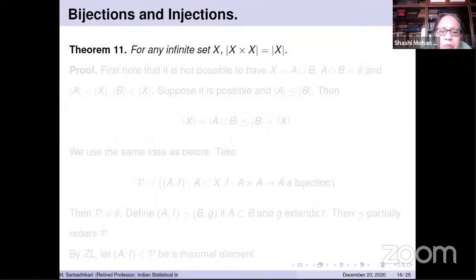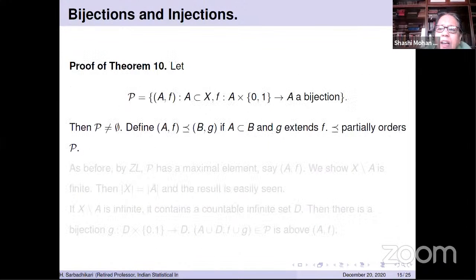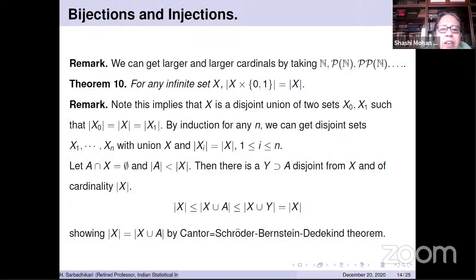Just a minute, let's see where it is. Here: if A and X are disjoint and the cardinality of A is less than the cardinality of X, then the cardinality of X union A is the same as the cardinality of X. Here is this proof.